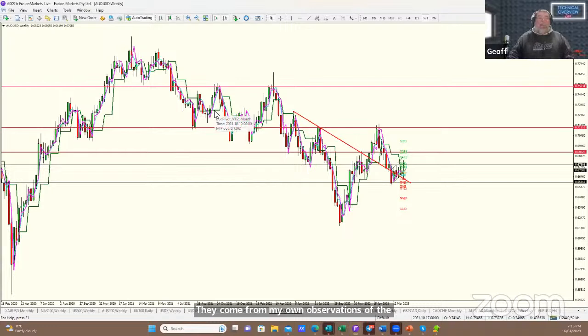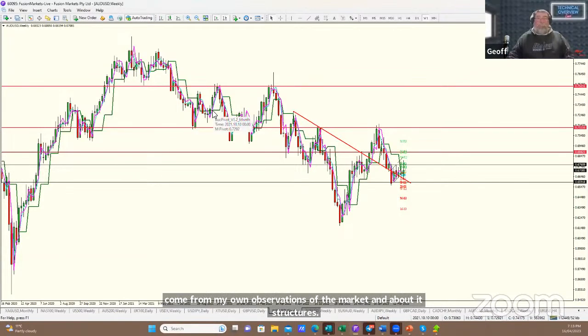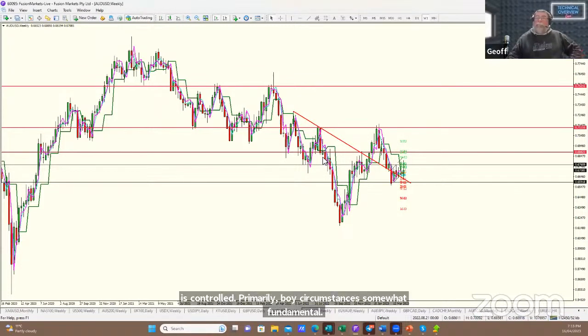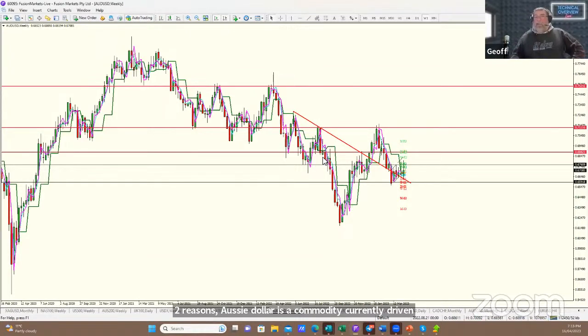First one is Aussie versus the dollar. Now, the Australian dollar versus the US dollar is controlled primarily by circumstances somewhat fundamental, if you like. Two reasons. Aussie dollar is a commodity currency or commodity-driven currency, but it's also a currency that is driven by a risk-on mentality.